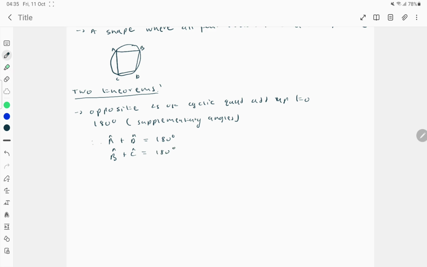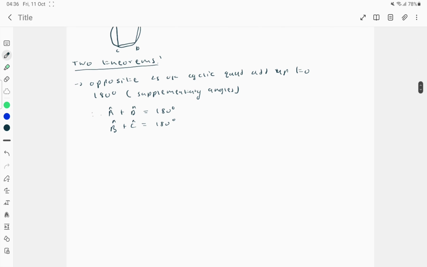This is only if, when you look at your circle or your shape, you can see the four-sided shape and the four corners are at the circumference, or they already told you that it's a cyclic quad. If there is no circle, or your shape is not inside a circle, or they didn't say anything about it being a cyclic quad, then you can't assume that it's a cyclic quad.